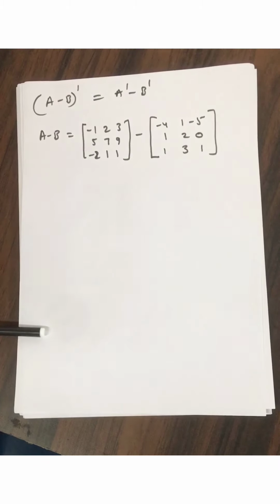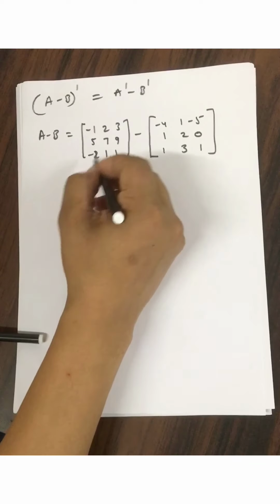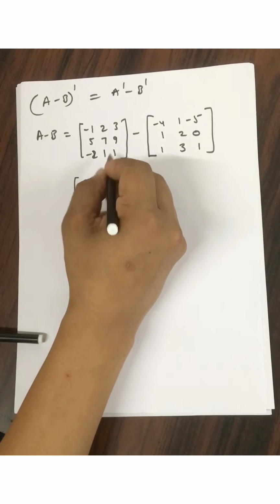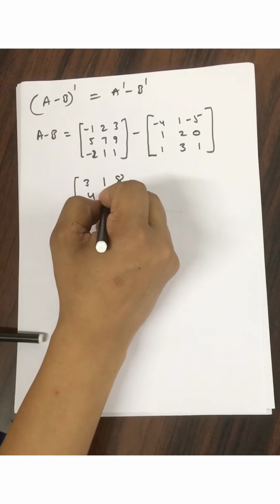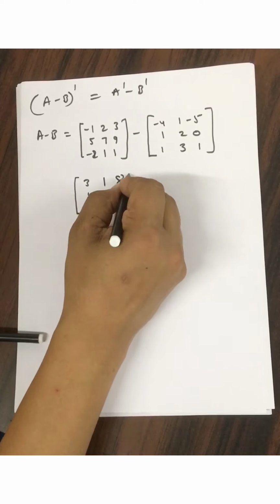How much this will come? When you subtract this, this will come 3 because 1 minus 1 this and this 1 and this 3 plus 8, 4, 5, 9, minus 3, minus 2 and 0.